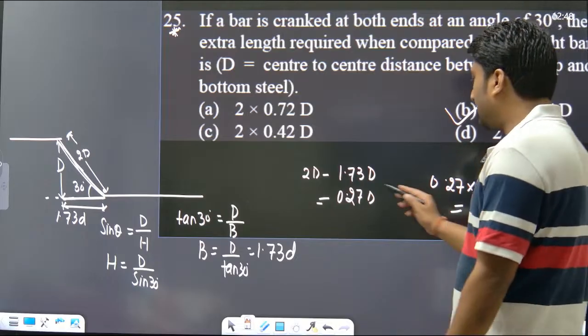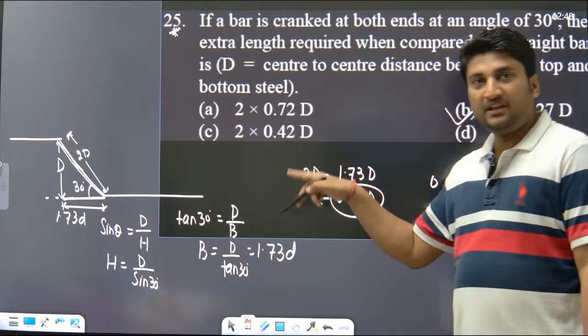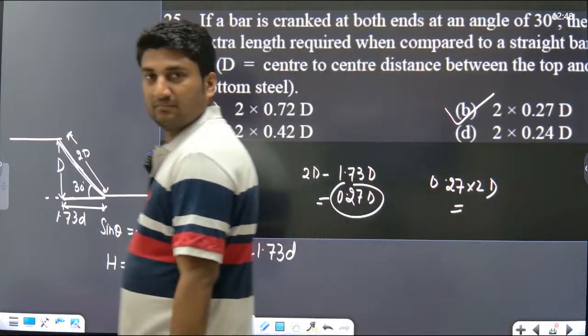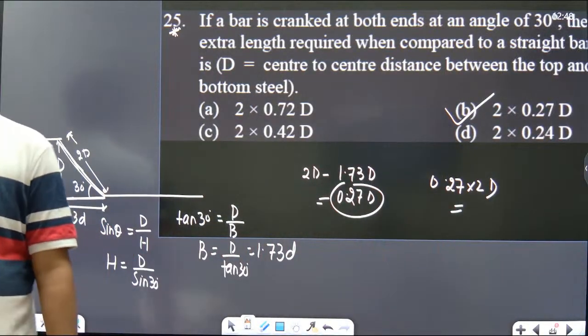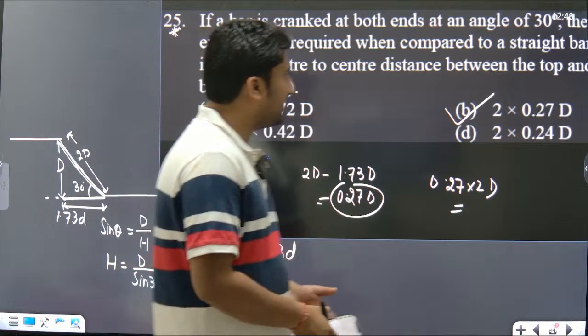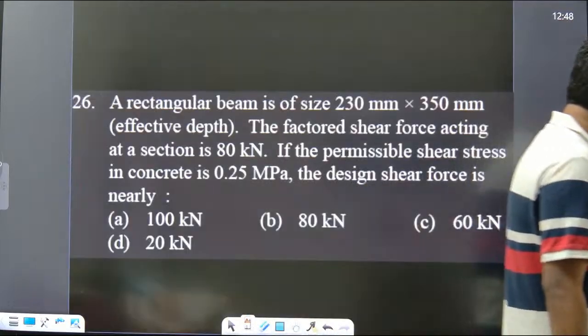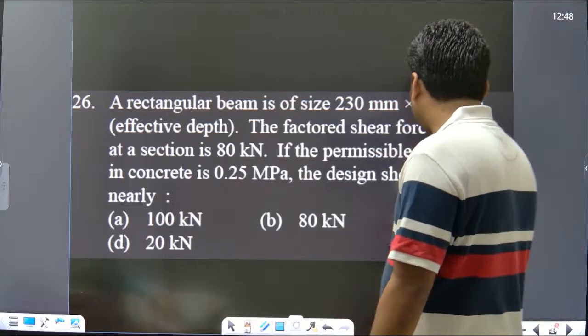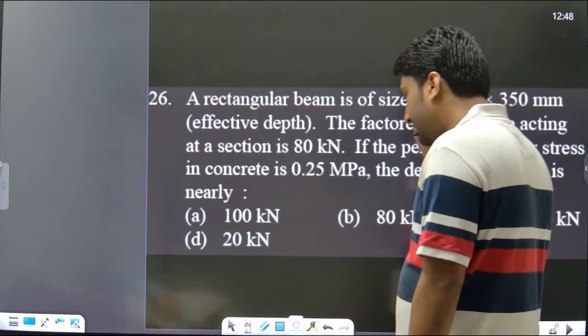You have given 0.27D extra length by giving the crank bars. Understood? Shall we move towards the next question? Okay, so last question for today's class. Answer this.